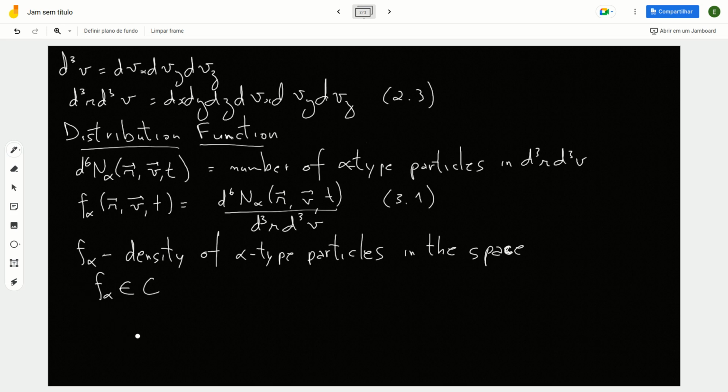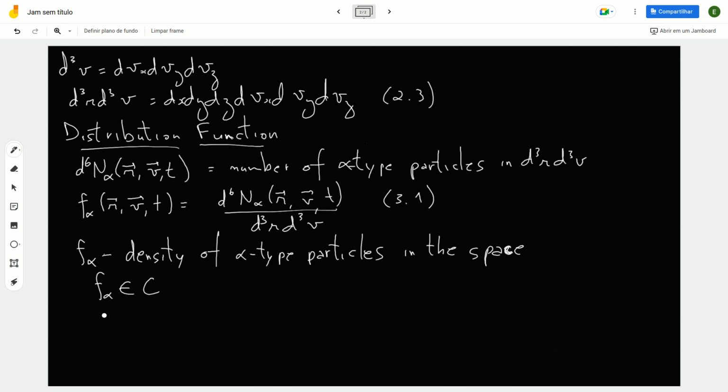In a volume element, d3r d3v, with large velocity, you expect the number of particles to be small. You expect to have a small number of particles with high velocity in each volume element. Why?